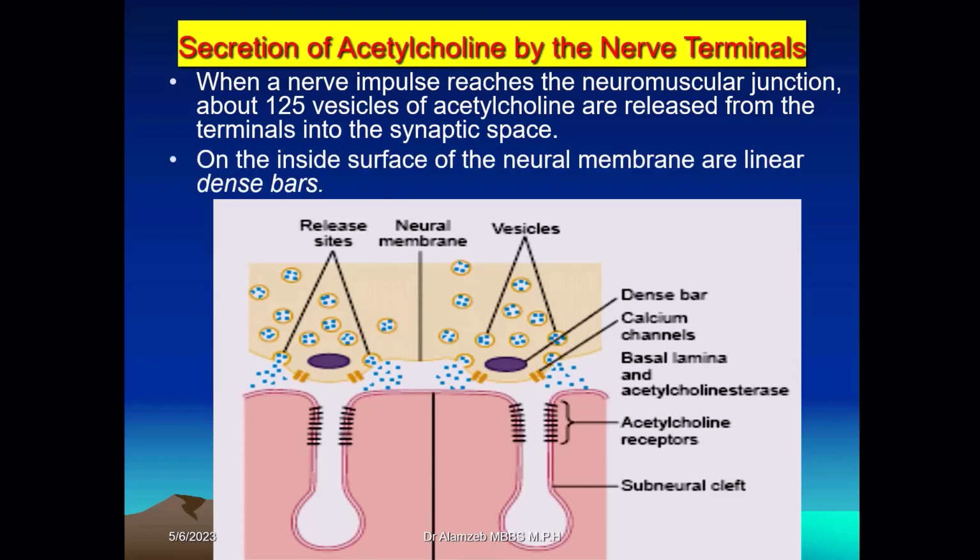On the inside surface of the neuronal membrane are linear dense bars. Here is a dense structure, where a high concentration of electrons is present, and this area is called the dense bar.